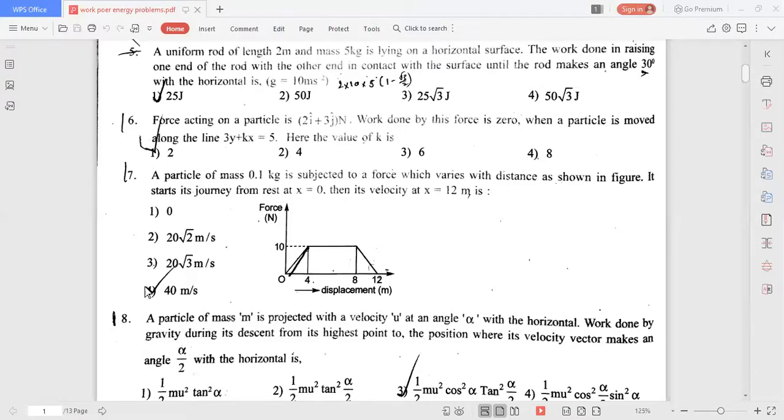A particle of mass 0.1 kg is subject to a force which varies with the distance as shown in the figure. So the force varies with the distance according to the graph given. Displacement S in meters is given on the graph like this.